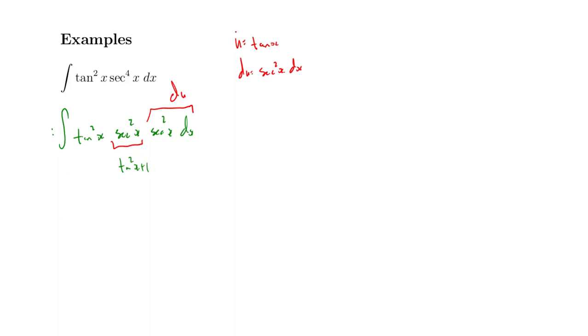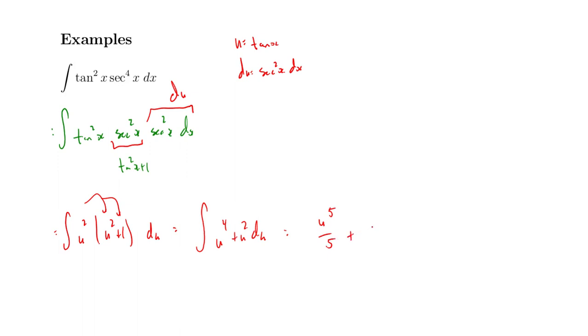And so when we do our u substitution, we're going to have a u squared from this tangent squared, and then we're going to have a u squared plus 1, that's from the secant squared, and then we'll have a du. Doing the distributive property and finishing things out, we end up with u to the 4 plus u squared du, add 1 to our exponents, divide by that number. At this part, we're home free. And then we can convert things back, put our tangents in place. So that doesn't work out too poorly.